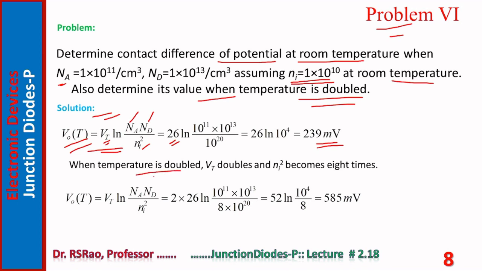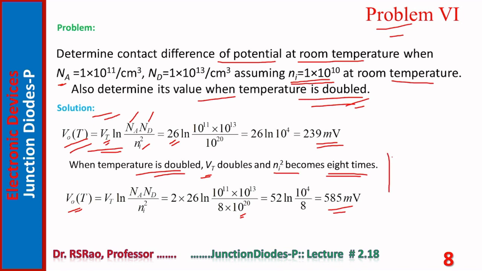When temperature is doubled, Vt gets doubled and Ni square becomes 8 times. Considering this aspect, V naught of T at doubled temperature is 2 into 26 natural logarithm of 10 power 11 into 10 power 13 by 8 into 10 power 20. So it gives us contact difference of potential 585 millivolts.